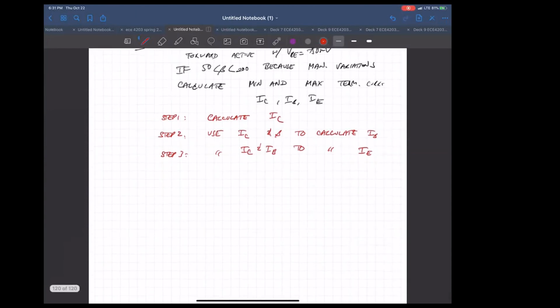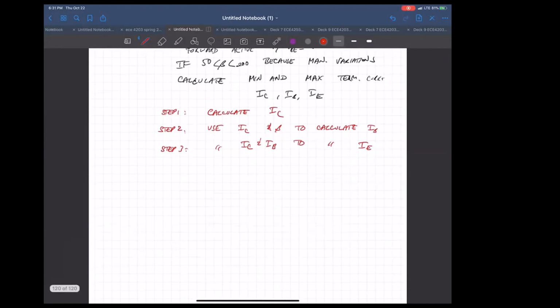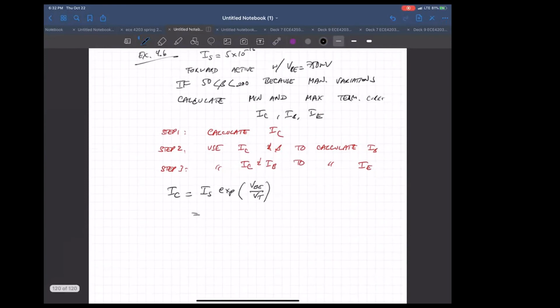Okay, guys, let's try to do this together. So first thing, as long as you're in forward active mode, you can bust out your equation. I sub c is I sub s exponential of VBE over V sub t. According to the parameters for this thing, there's no variation there, right?